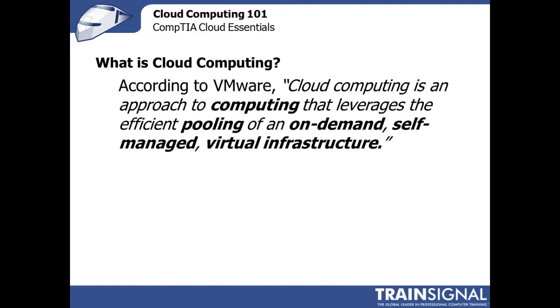The pooling, the use of virtualization, on demand, self-managed, all these things relate to really any form of cloud computing. I believe VMware was talking about infrastructure cloud computing here with this definition, but again, the terms are very similar. So that's just one definition of cloud computing, and this one happens to be from VMware.